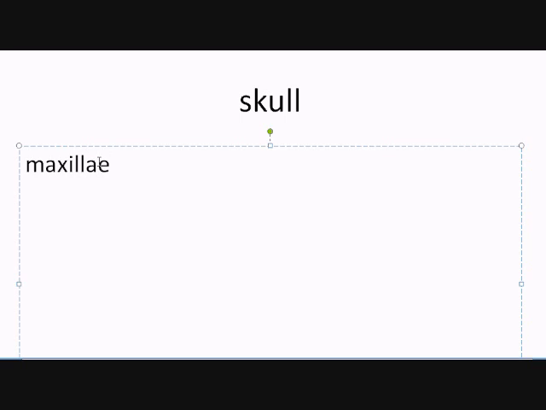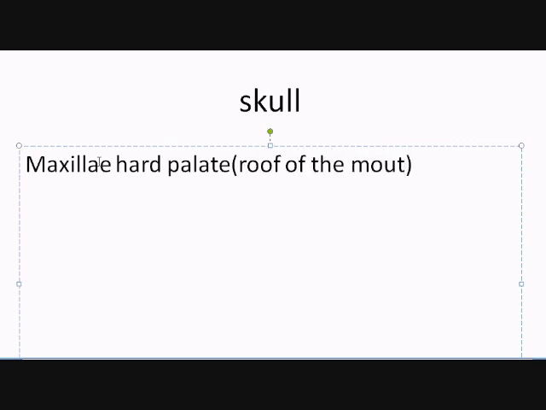Essentially, it is fused at the midline and forms the upper jaw and the hard palate, which is essentially the roof of the mouth. And if you have ever heard of a congenital disorder called cleft palate, then you may know what I'm referring to.